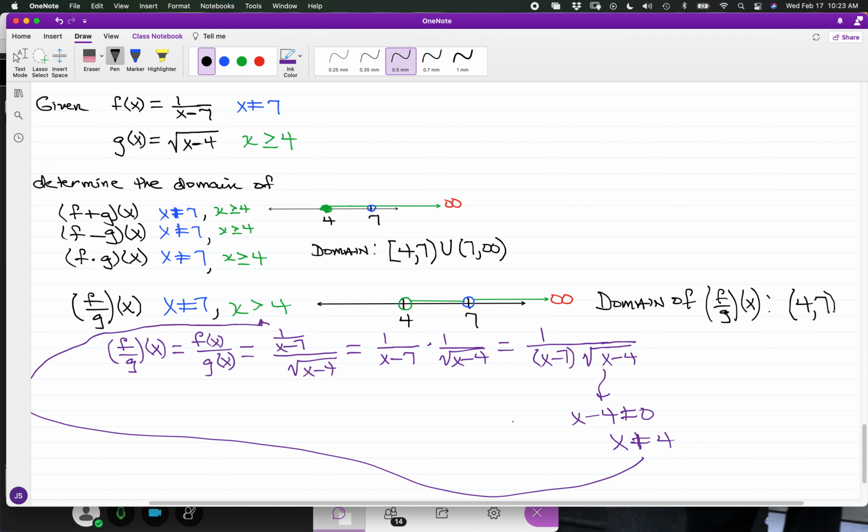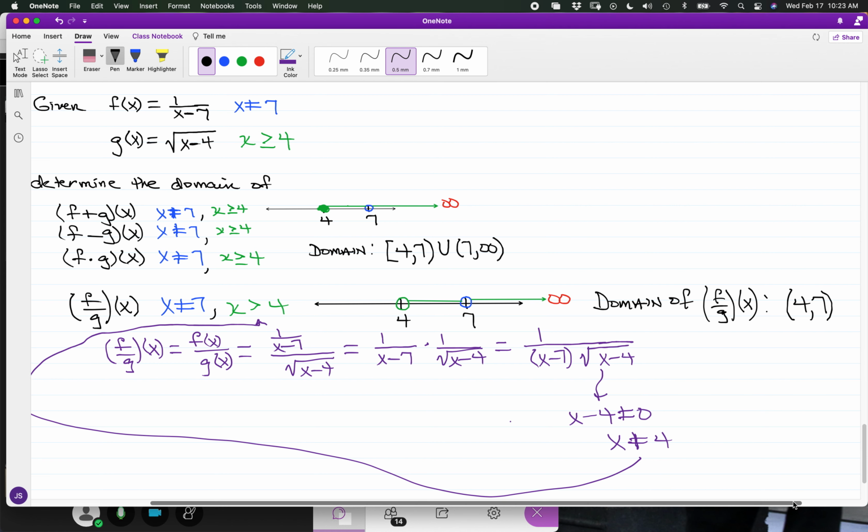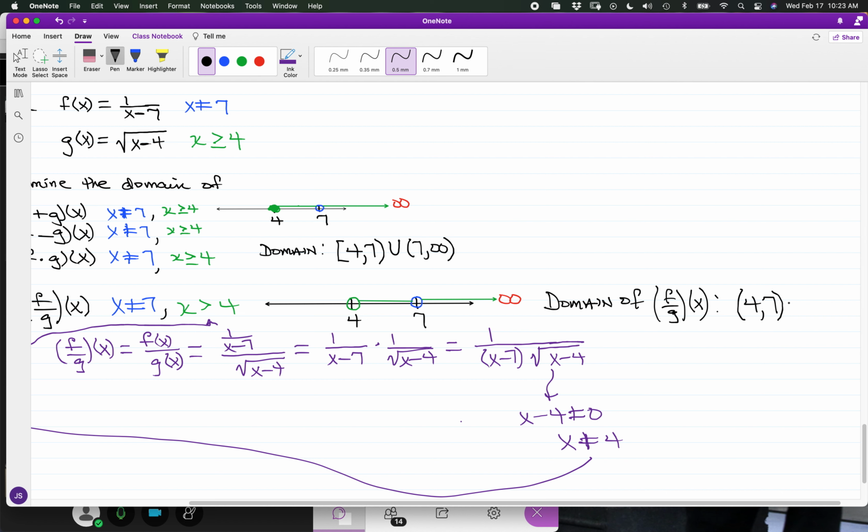And we have approaching but not including 7, so I have another parenthesis. And this will be in union with those values of x greater than 7.